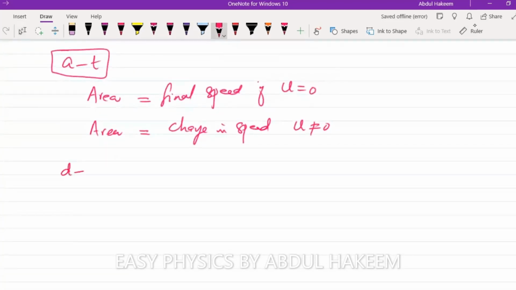Then if the distance against time graph is plotted, the gradient is speed. If displacement time, then the gradient will be velocity and the area is nothing.